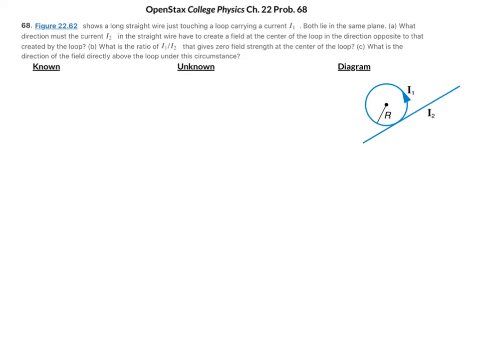So in part A, I want the direction of I2 such that B2 has a direction that is opposite to B1, such that B2 is in the opposite direction of B1.